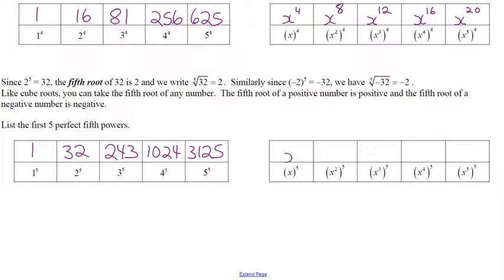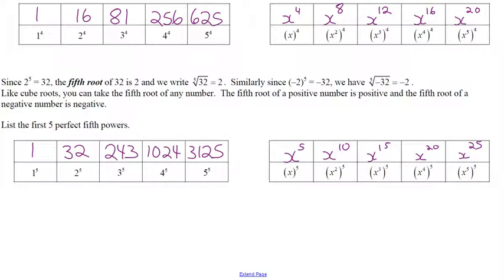And let's fill this one in. X squared to the power of 5 is x to the 10th. X cubed to the power of 5. Okay, so fourth powers, what's special about these guys? Divisible by 4. Fifth powers are divisible by 5.